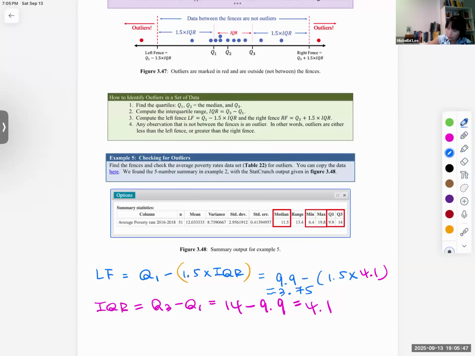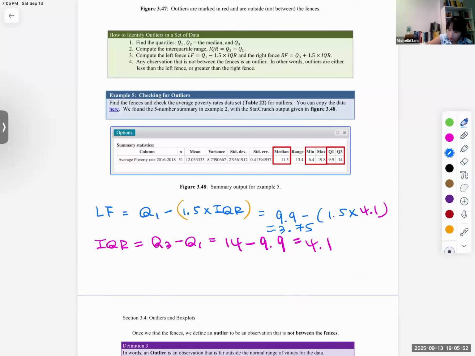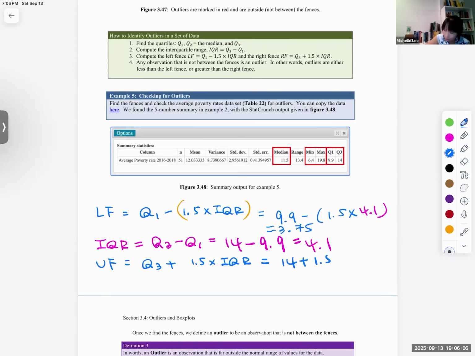Now addition. Can you please try the addition? That is the upper fence, right? So Q sub 3 plus 1.5 times IQR. So Q3, which is 14, plus 1.5 times 4.1. How much do we have? 20.15. Okay.